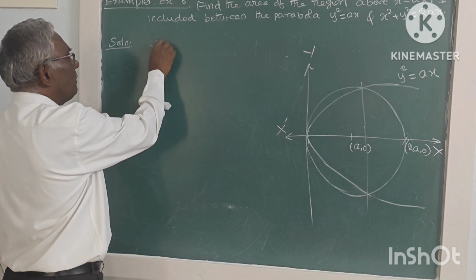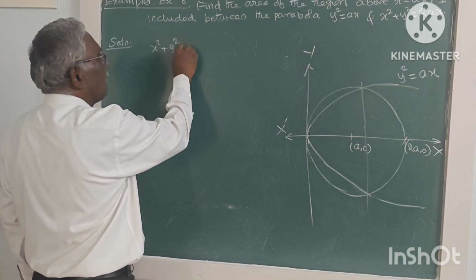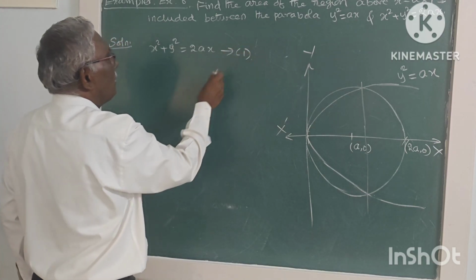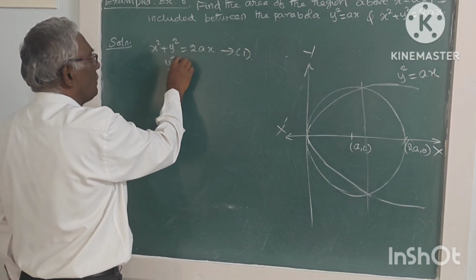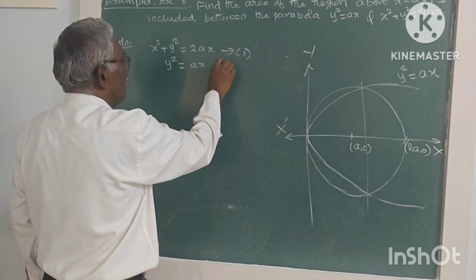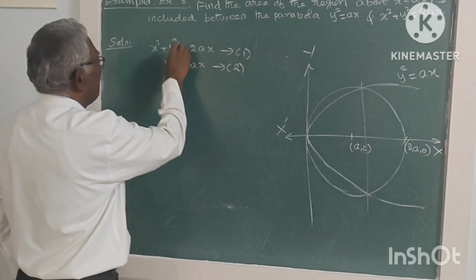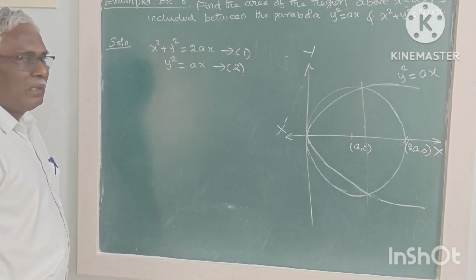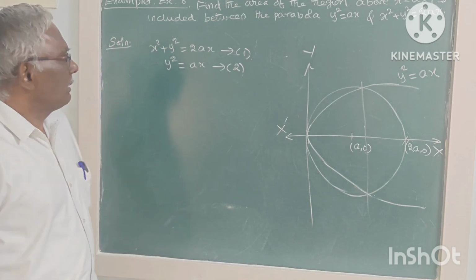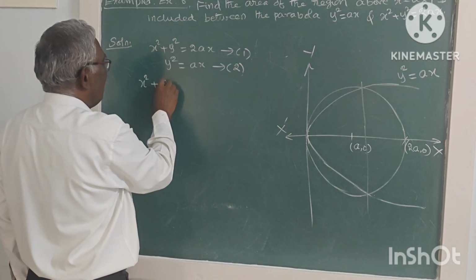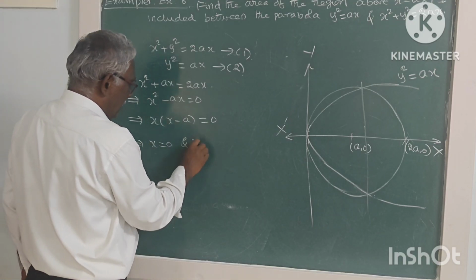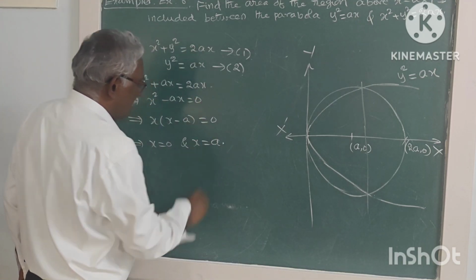So x square plus y square is equal to 2ax, equation of circle. Y square is equal to ax, equation of parabola. So on solving equation 1 and 2, we will get where the parabola intersects the circle. So y square we will put ax, x is 0 and x is equal to a.